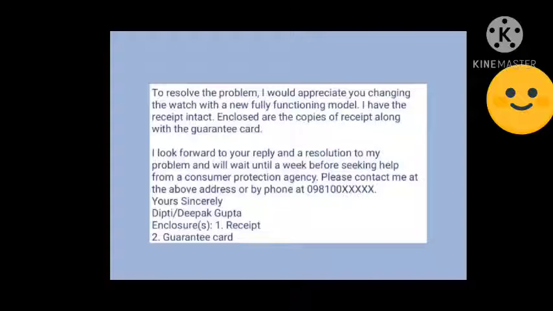The receipt of the watch when you purchased it, and the guarantee card also you are attaching. But remember that you are not attaching the original copies, only the xerox. Retain the original copies with you for future reference. That you need not mention in the letter, but you must have some common sense about it.